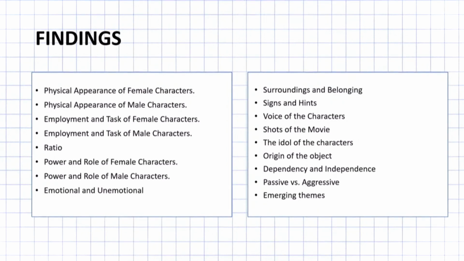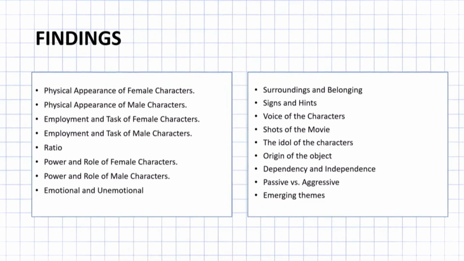And the ratio in the movies, which is controversial, there were a lot of male characters in all these movies, and that was a factor for the group to identify the gender. And the power and the role, this has a very thin margin between the employment and the task, but the power they have between their colleagues or in their day-to-day relationships was identified.